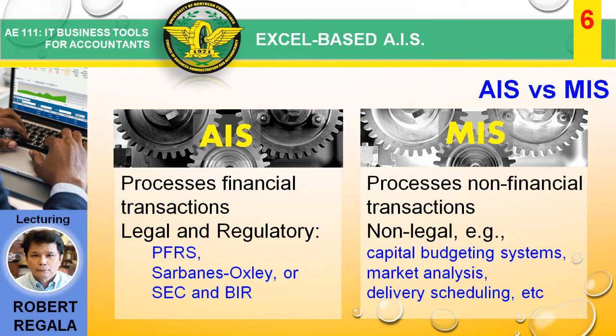For example, AIS must be distinguished from MIS to identify a boundary of the PFRS, Sarbanes-Oxley, SEC or BIR requirements, and so the scope of AIS is related to these areas only, and the responsibilities of the management are bound within the boundaries of this information system.